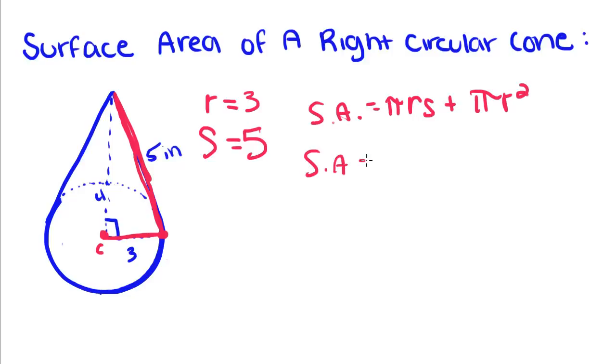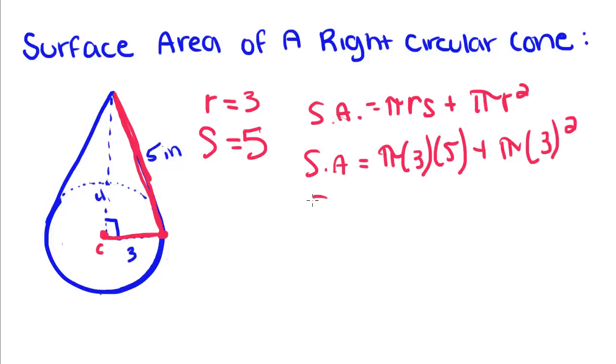So our surface area is equal to pi times 3 times 5 plus pi times 3 squared. 3 times 5 is 15, so 15 pi, plus 3 squared is 9, so 9 pi.